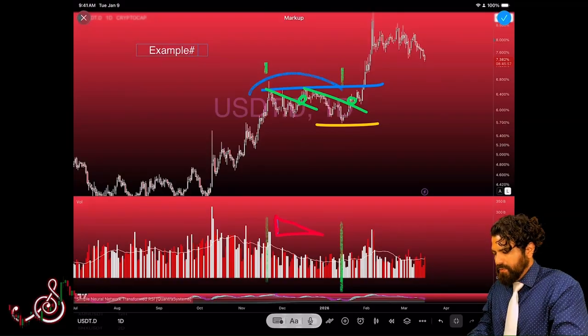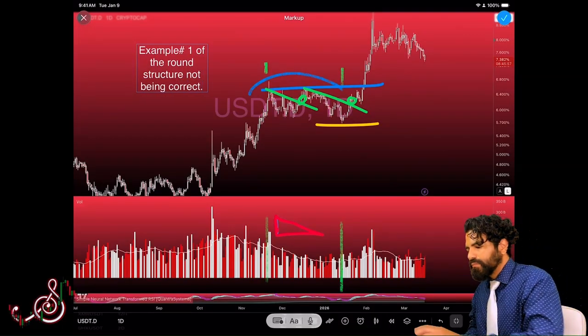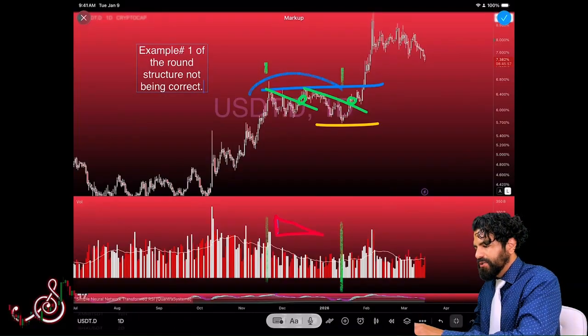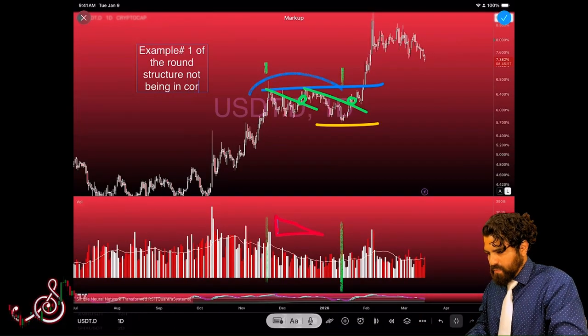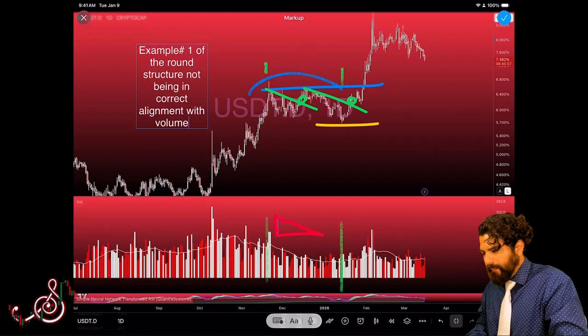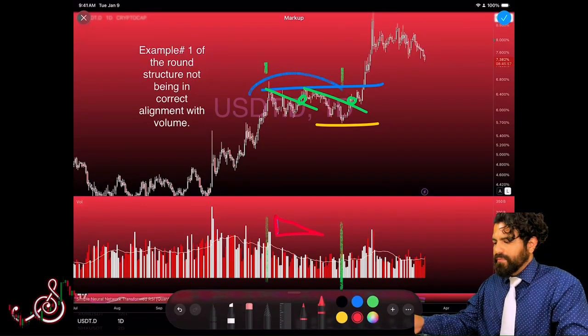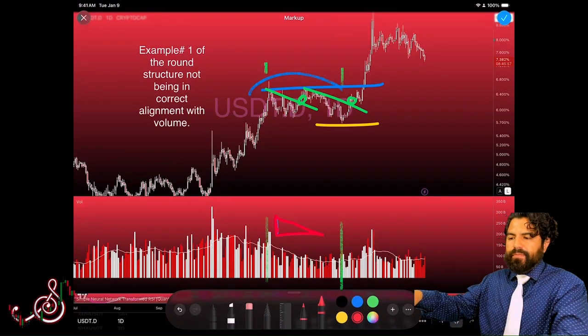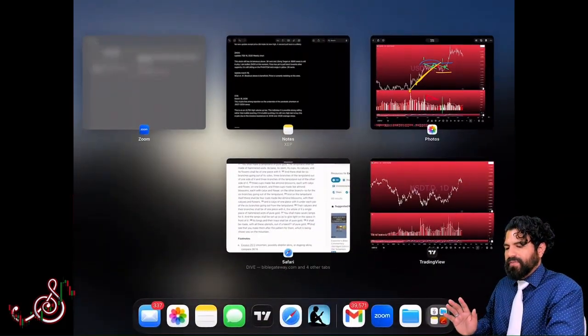Example number 1 of the round structure not being in correct alignment with volume. Okay, not harmony for the down move. So this is going to be a little bit concerning for me.